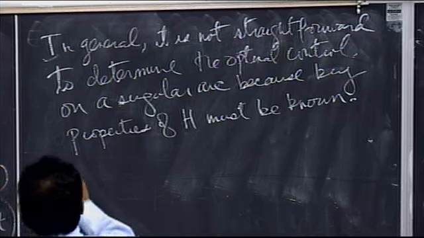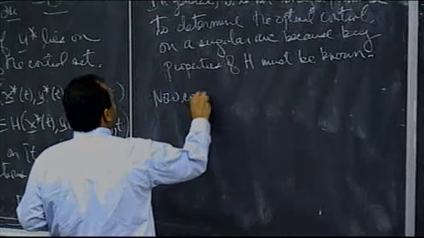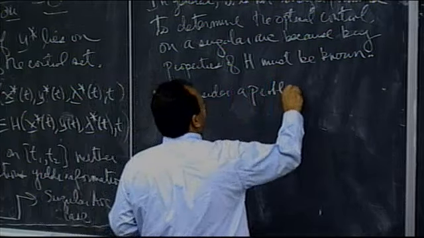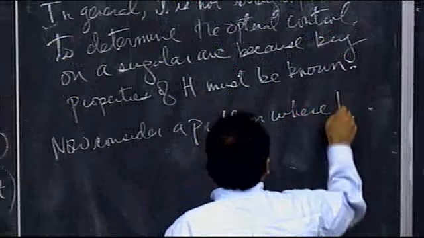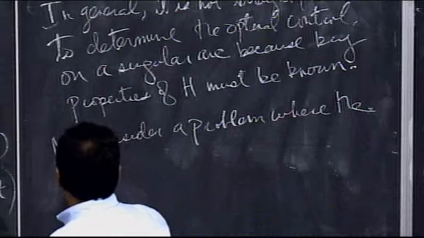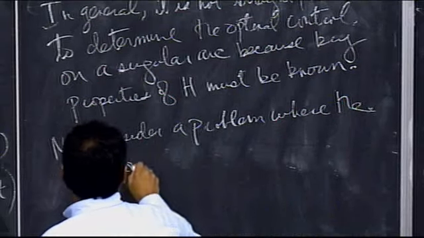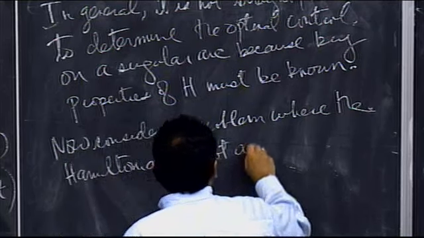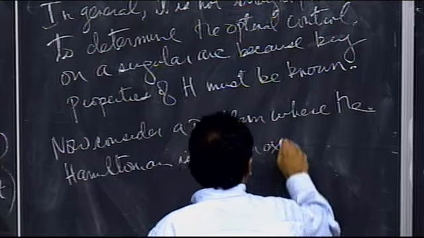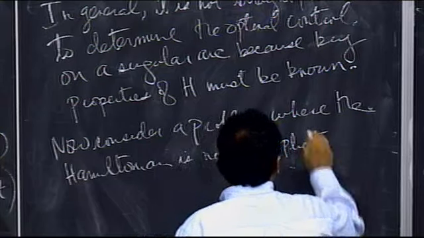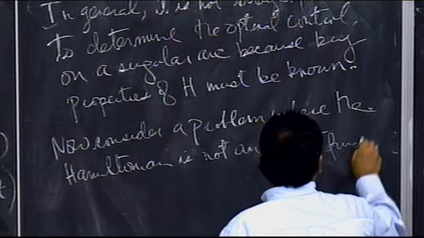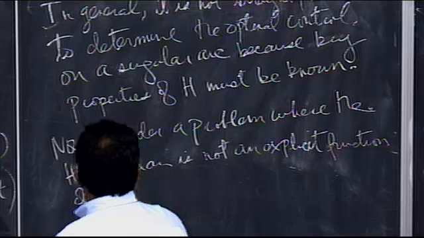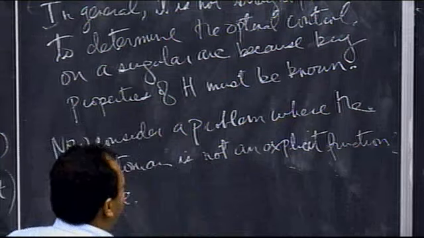But now consider a problem where the Hamiltonian is not an explicit function of time. So what do we know in that case?